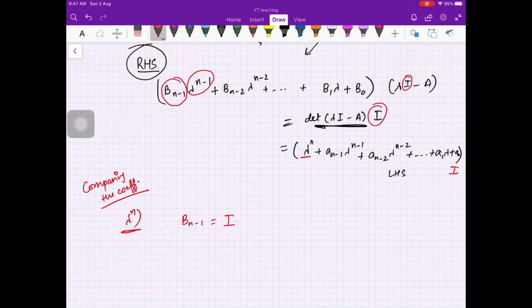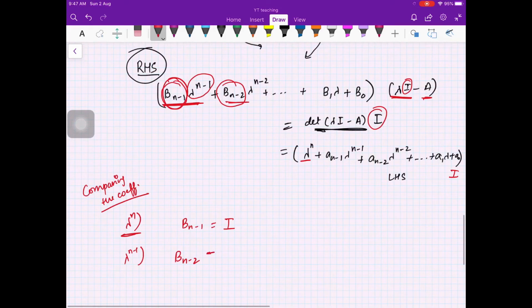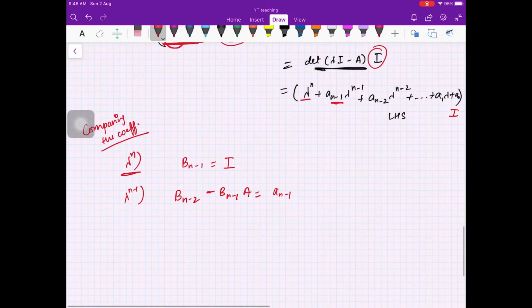Now you compare the coefficient of lambda n minus 1. That will be when you multiply this with this, and also this with this. So you get B_{n-2}, and the other term is B_{n-1} into A with a negative sign. B_{n-1} A, and on the right hand side you will get a_{n-1}, right?